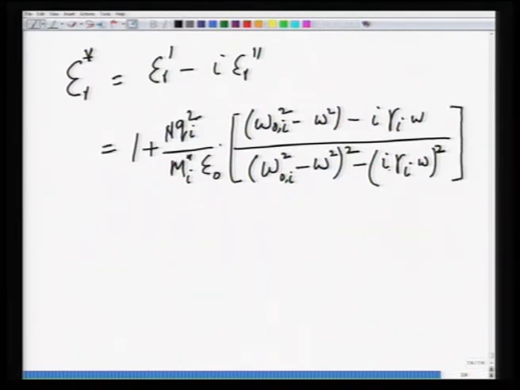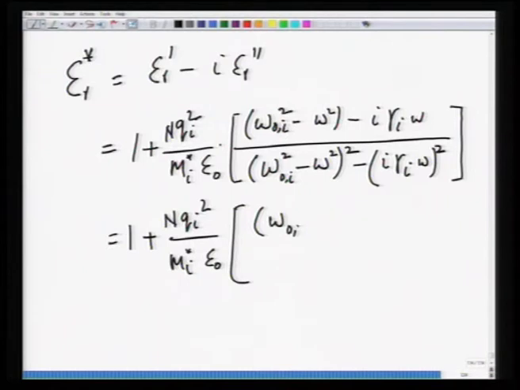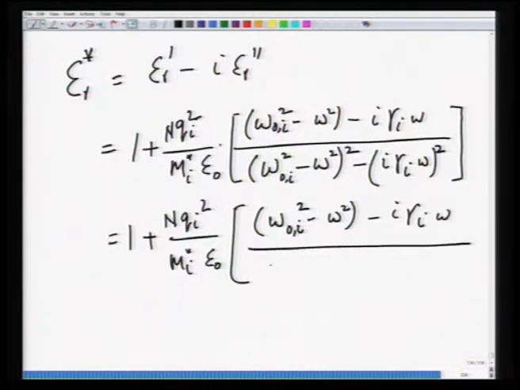Okay. So this becomes 1 plus n q I square divided by m I star epsilon naught into omega naught I square minus omega square minus I gamma I omega divided by omega naught I square minus omega square to the power 2 plus gamma I square omega square.